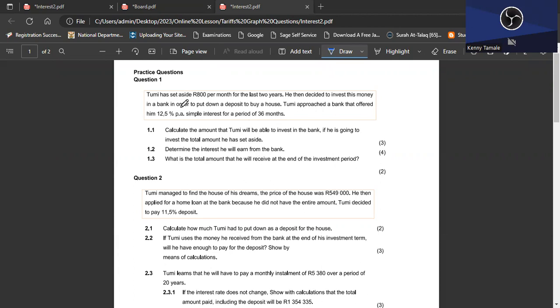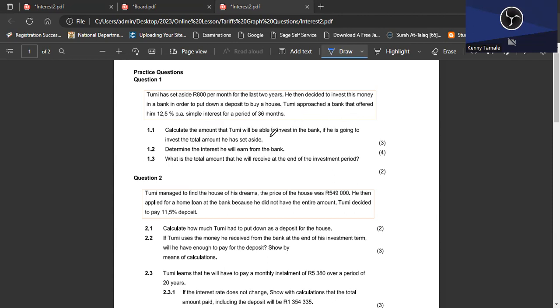Tumi approached the bank that offered him 12.5% per annum simple interest for the period of 36 months. Calculate the amount that Tumi will be able to invest in the bank if he's going to invest the total amount he has set aside.